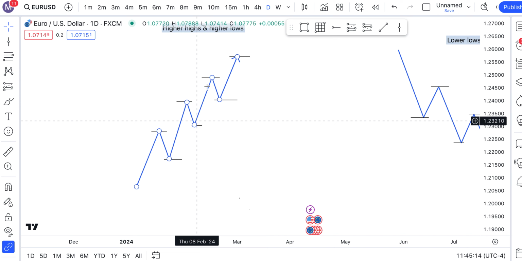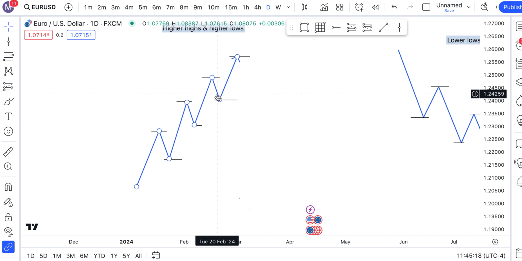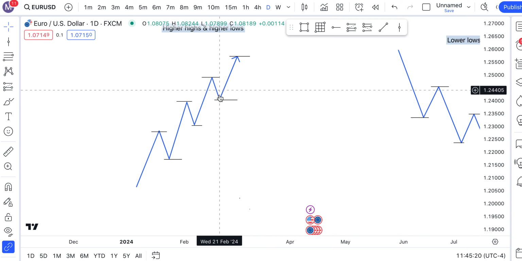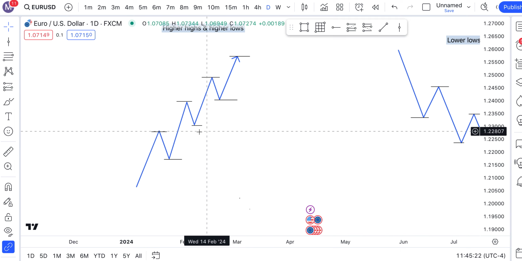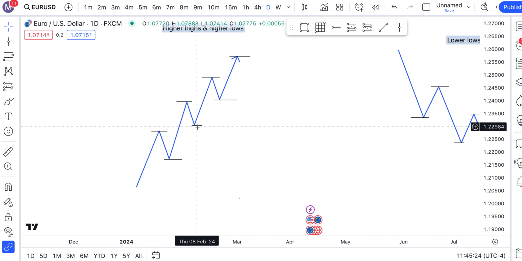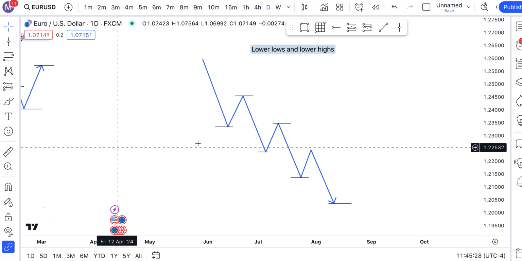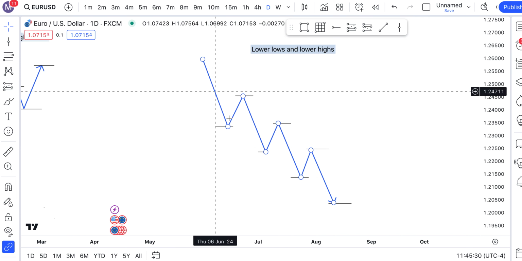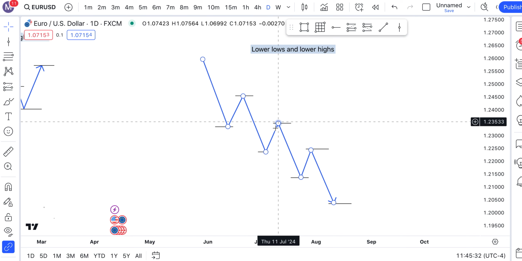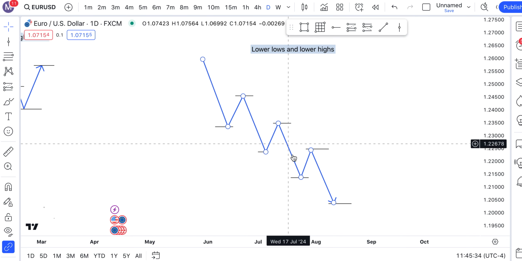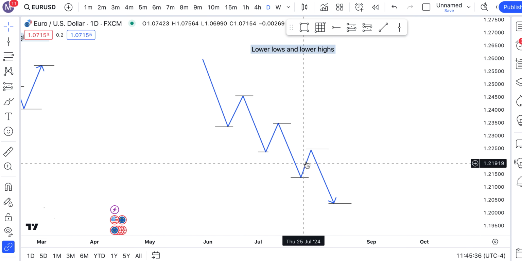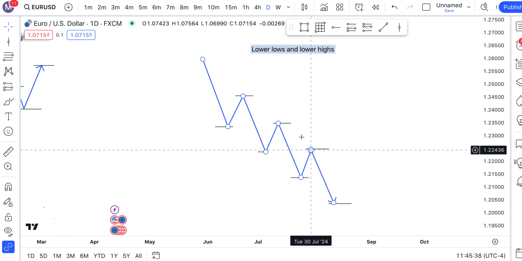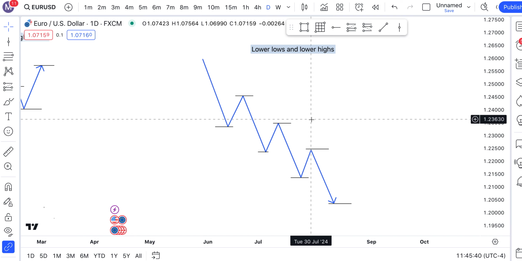So say we had this low, if this leg here came down and broke this low, then we can say that price is shifting into a downtrend. And if we're in a downtrend currently, and we've got these highs printed up here, price comes down, and then it comes up and breaks this high, then we can say that price has shifted into an uptrend.